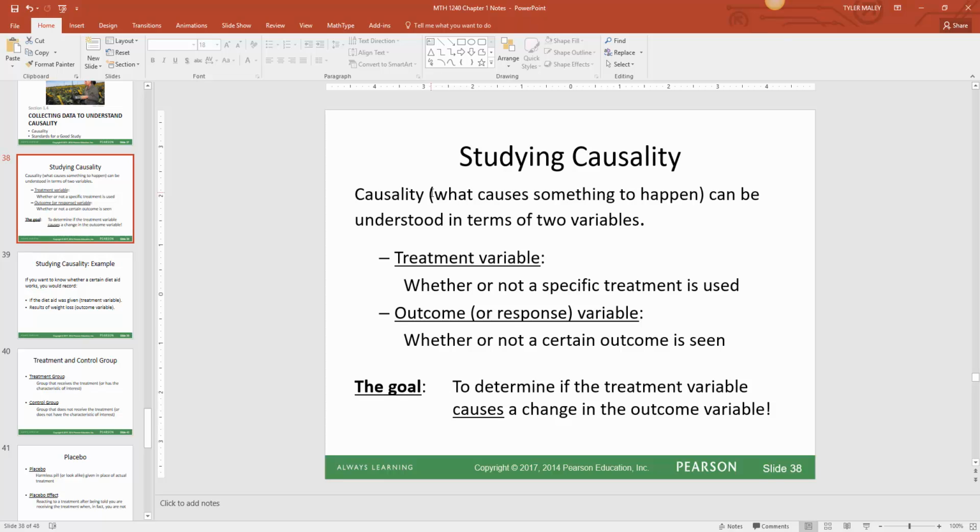We have a treatment variable: did the individual receive the treatment or not? Then the outcome or response variable identifies whether that person had the response happen, yes or no. So the goal is to be able to determine if the treatment variable causes a change in the outcome variable.